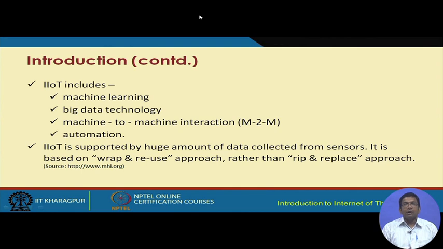We are talking about using the existing manufacturing systems, existing industrial systems, wrapping them with sensors, actuators and so on, and making things efficient. We are trying to re-engineer the existing systems and processes, and we are not building anything brand new from scratch. This is what we have to remember when we discuss IIoT.